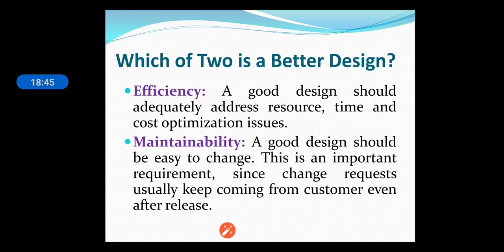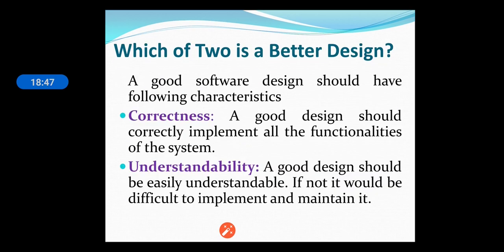Coming to correctness, a good design should correctly implement all the functionalities of the system. Whatever functions are represented as requirements in the SRS document, those requirements should be present as functions in the design, and all similar functions should be grouped as a module.